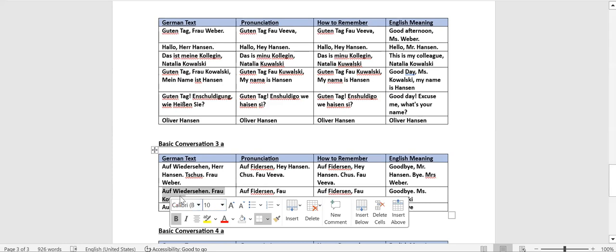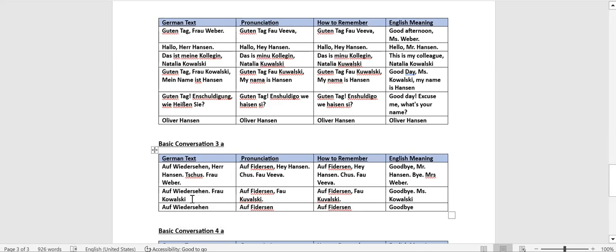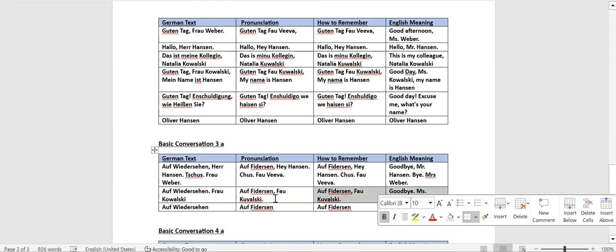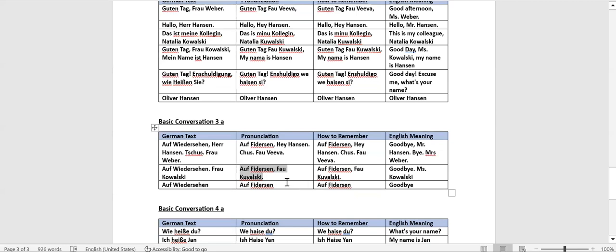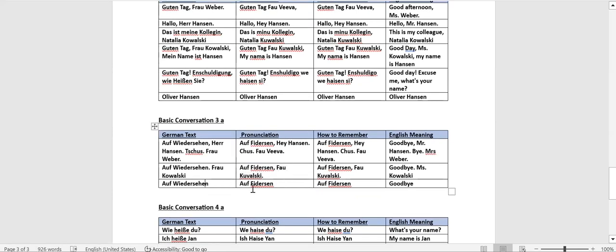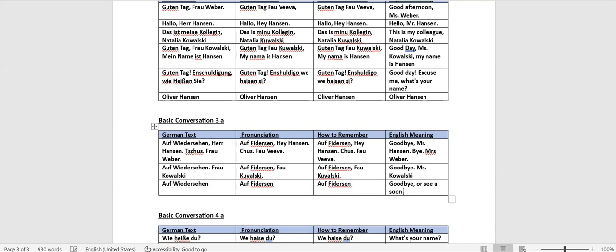Next sentence. Again, auf Wiedersehen, Frau Kowalski. This means goodbye, Miss Kowalski. Auf Wiedersehen means goodbye or see you soon. This is the meaning of Auf Wiedersehen.